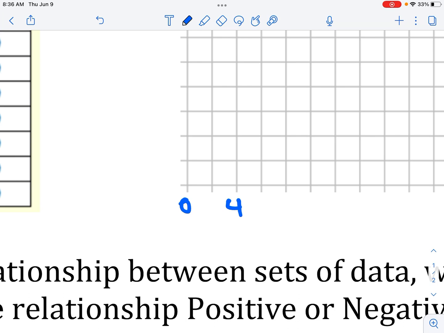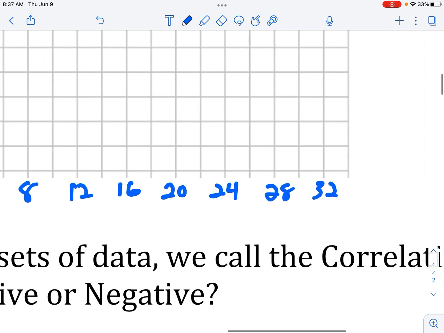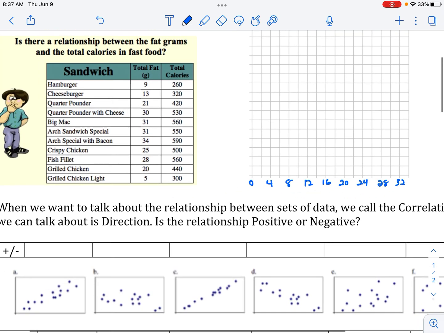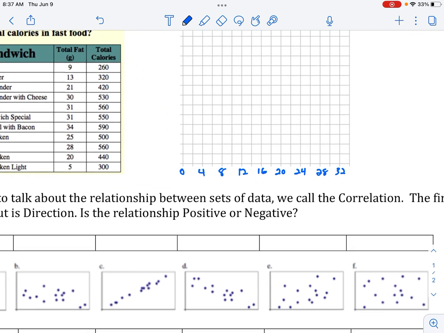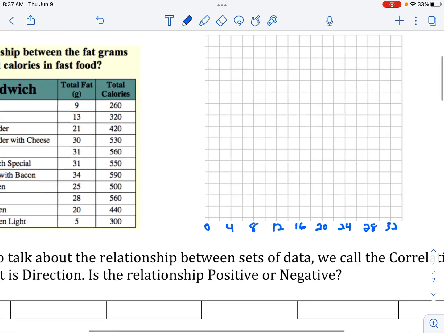So 0, 4, 8, 12, 16, 20, 24, 28, 32. All right, so that 34 is going to be perfect. And then for this one, I could use 0 as a start.